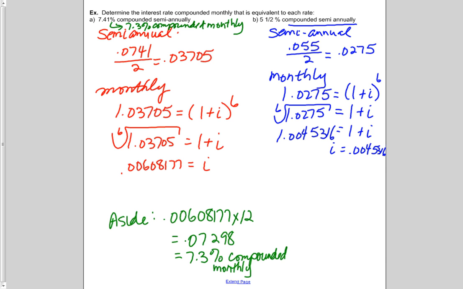Or they could have worded it as the same as 0.0045316 times 12, oops, just about wrote in pen on the smartboard, which is 0.05438. So that would be the same as 5.44% compounded monthly, if the banks were allowed to do that. Can't tell you why, just tell you the how, and now you can work on your mortgage assignment.